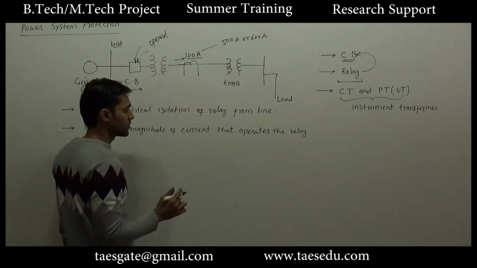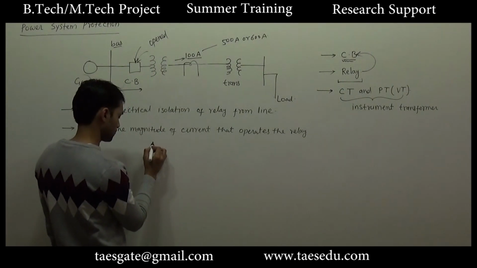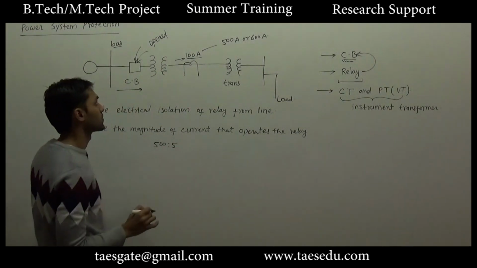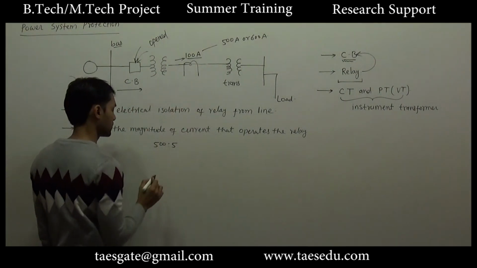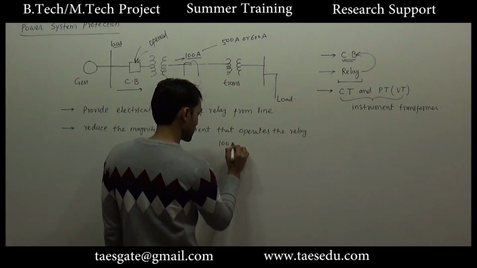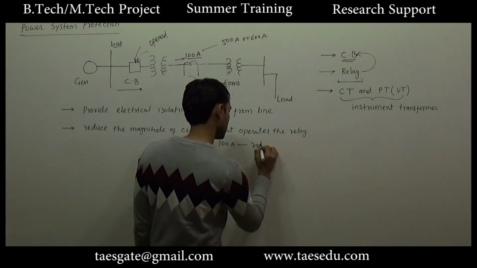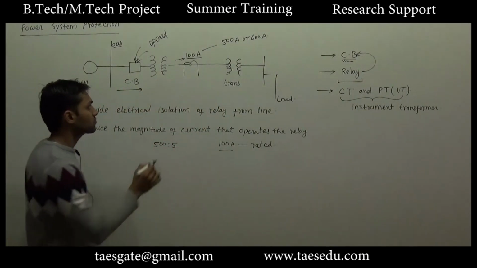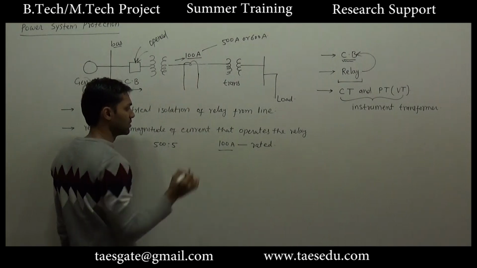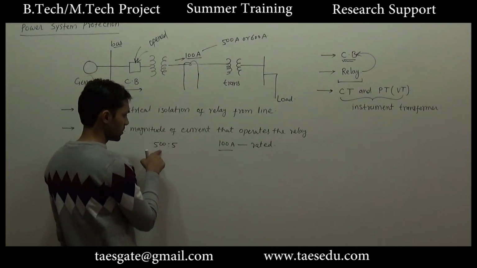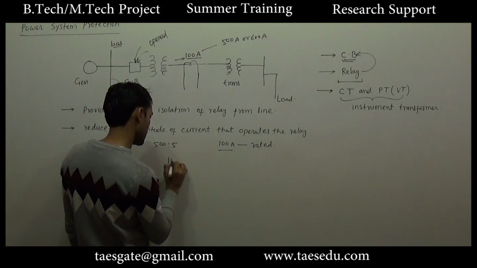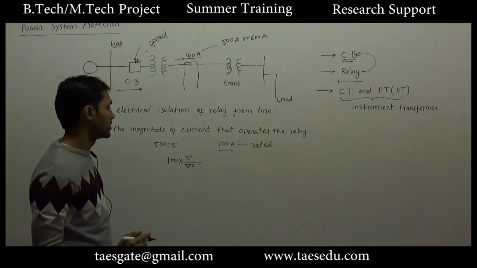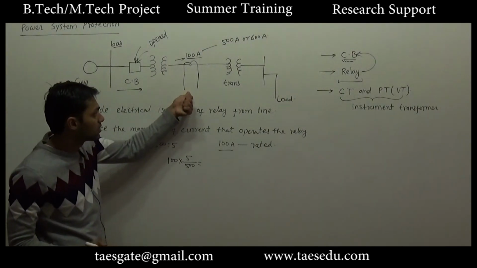Let's say the turn ratio of the current transformer is 500:5. So a current of 100 ampere is a normal or rated current. Corresponding to 100 ampere, the current that will enter into the relay, with the ratio 500:5, will be 1 ampere in the secondary of the current transformer.